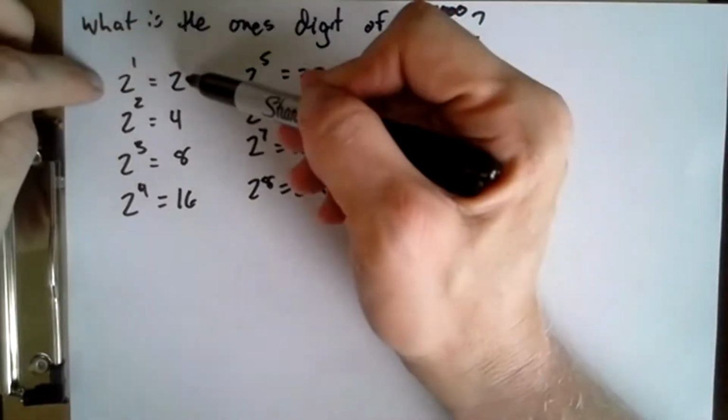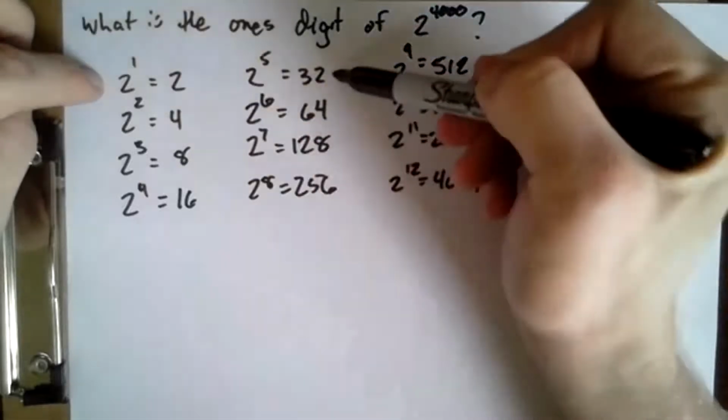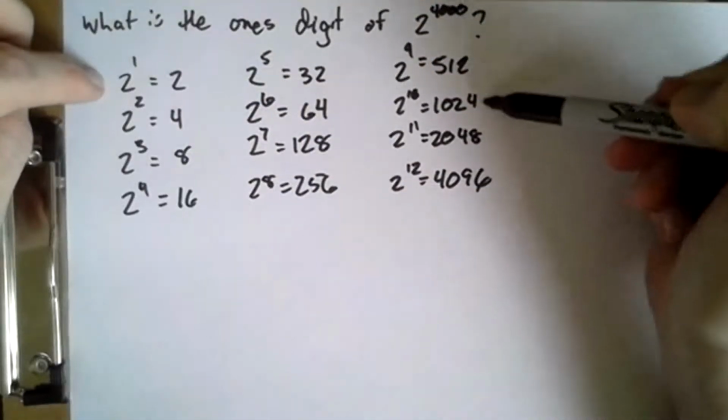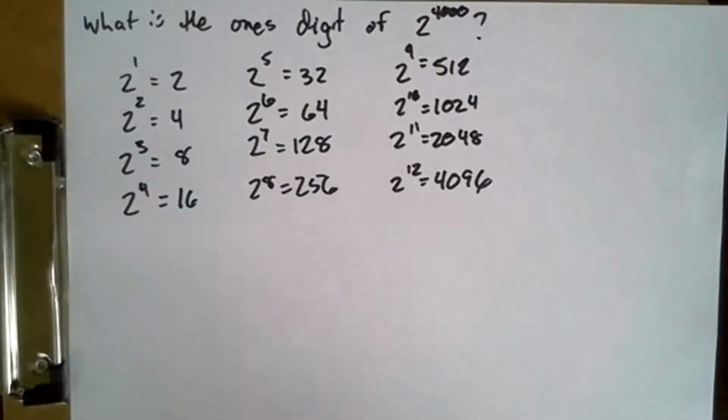The last digits 2, 4, 8, 6, 2, 4, 8, 6, 2, 4, 8, 6 appear in that order. So we just need to figure out what is 4000 mod 4.